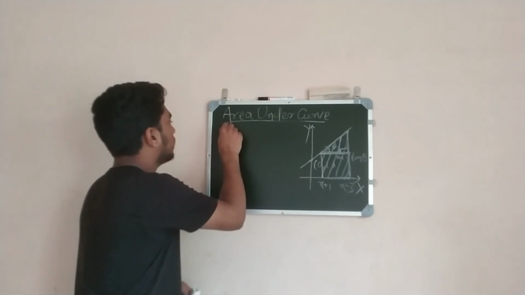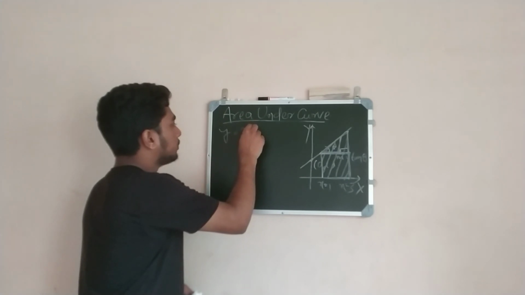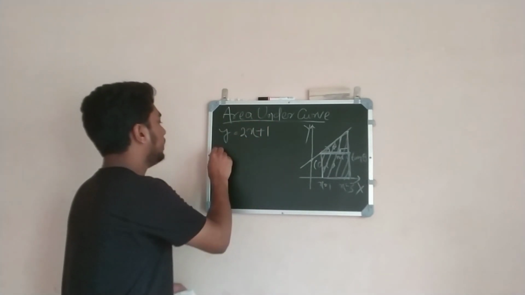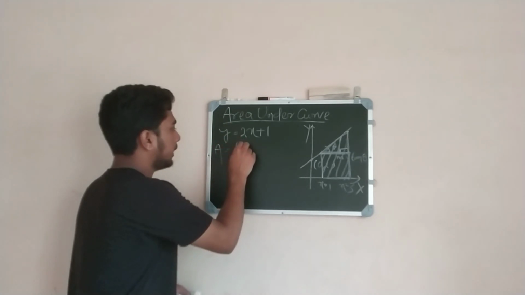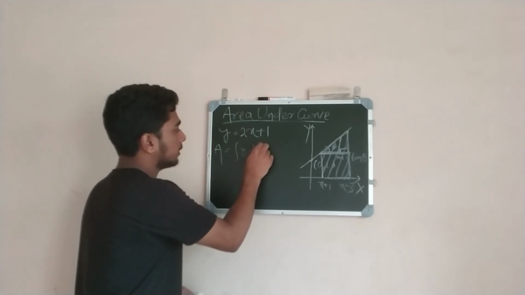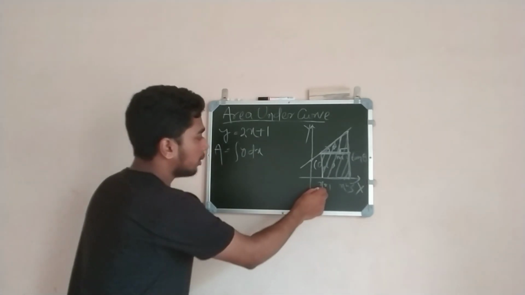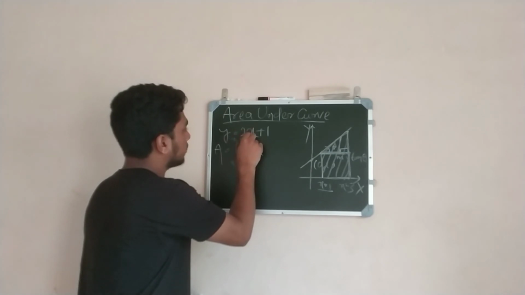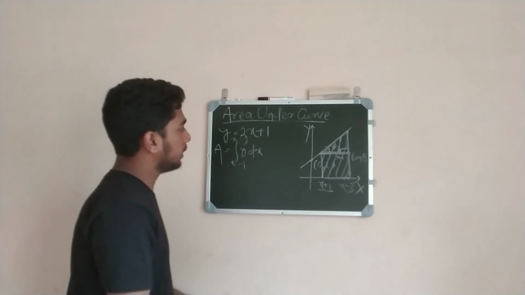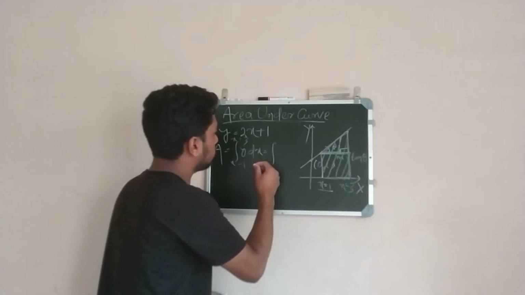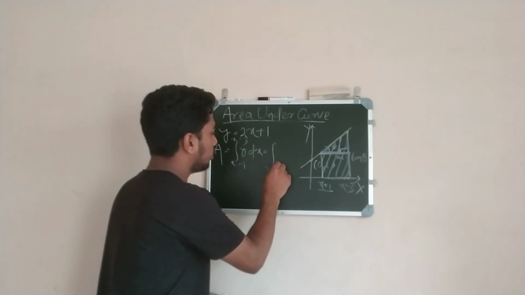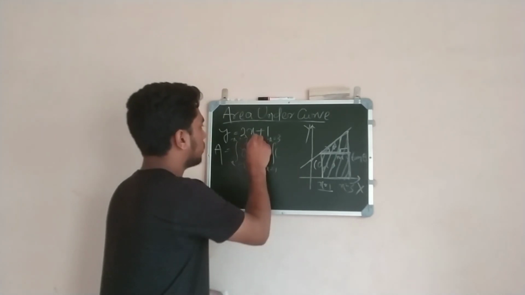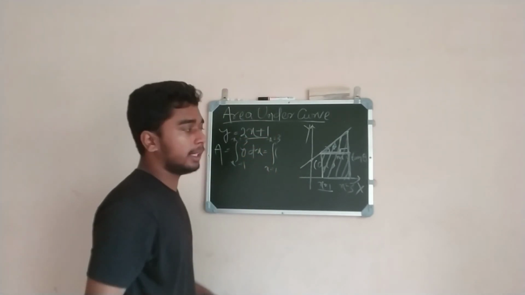So y is 2x plus 1. Then the area will be the integration of y dx, with limits x is equal to 1 to x is equal to 3. I'll just put the value of y here.